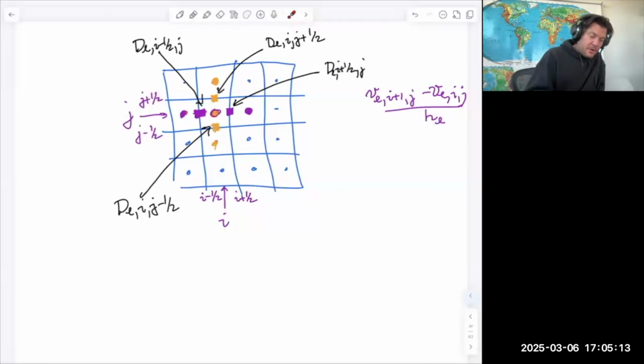Finally, to get my full approximation in the x direction, I have to take the difference of this guy, and that lands me back at that point. Same thing here. I take the difference between this point and that. That gets me to the edge point. I multiply by this D value. Do the same down here. So I take the difference of those 2 points to get here, multiply by that diffusion coefficient, and then I take the difference of the values at those 2 points to get me back there.